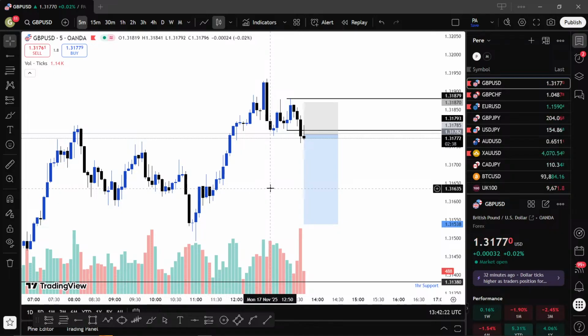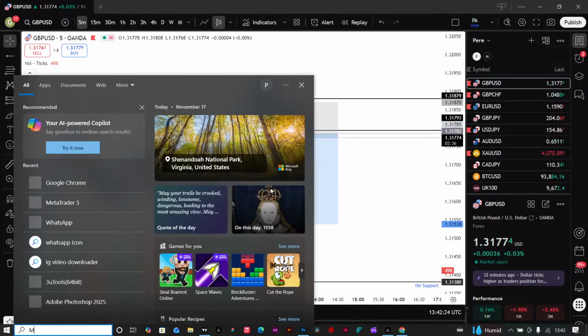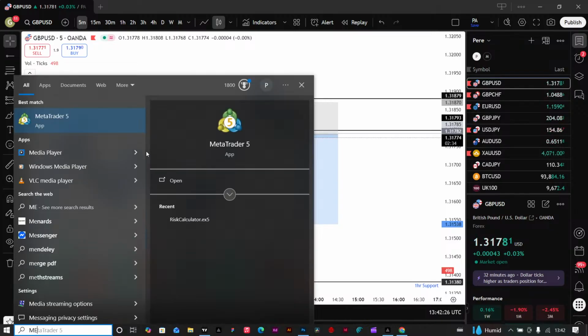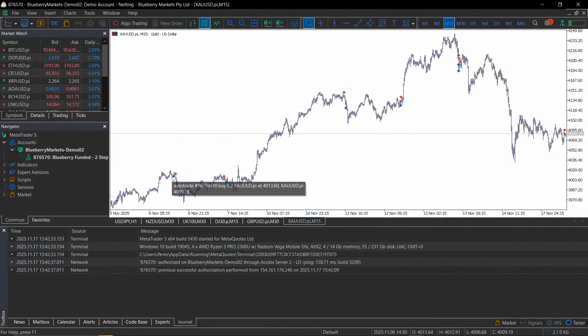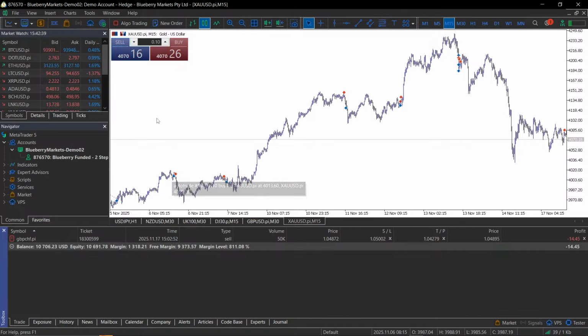So let me just open MetaTrader on my laptop so you can see whatever trade that I'm initiating. You can see this MetaTrader, I'm trading a Blueberry Propfirm account, a $10,000 Blueberry funded account.